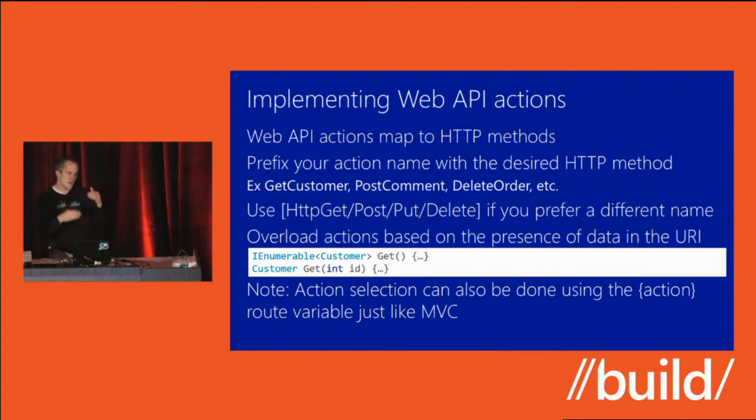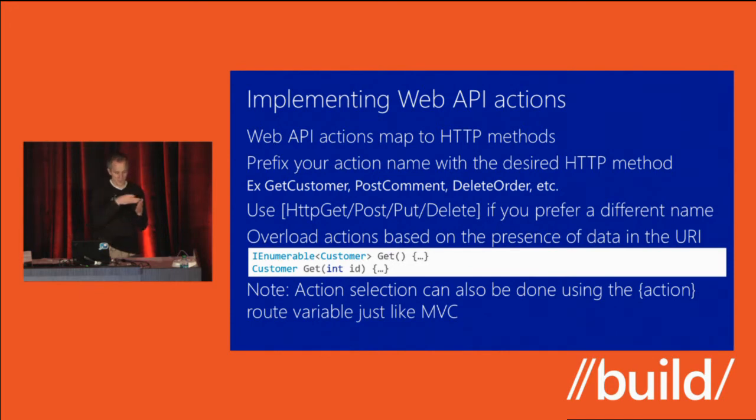And we do support some overloading semantics. If you have two actions that are both handling GET requests, which one should you handle? Well, the way we do that is we look at the data that's being passed to the action, the parameters that it's asking for, and we look at the data that's coming from the URI. The action that's taking the most data from the URI, we assume that's the better action to call.